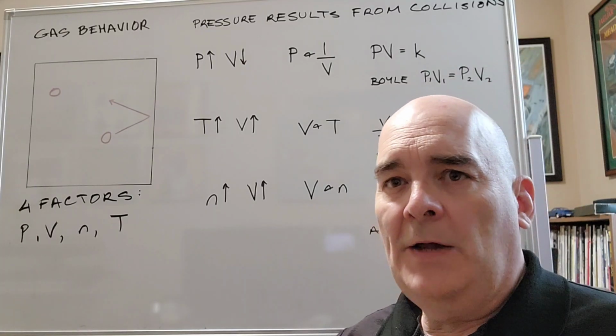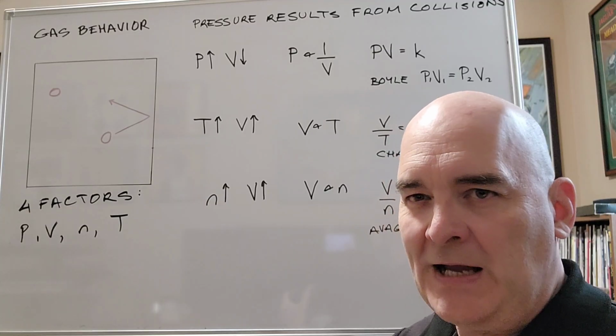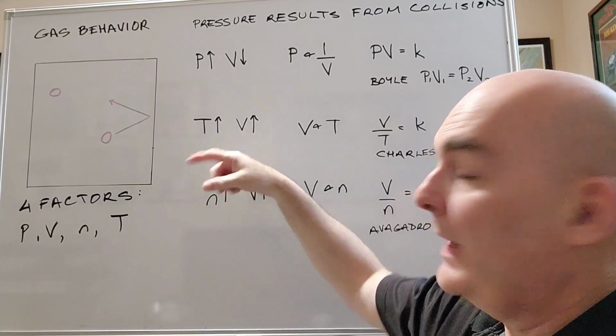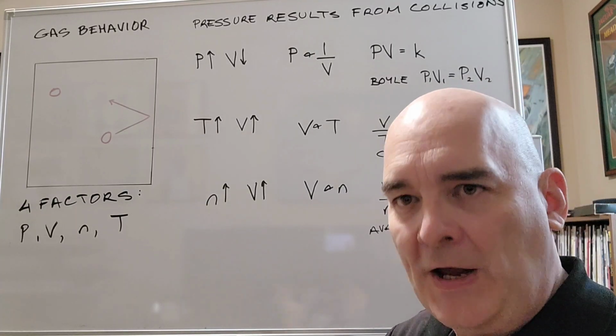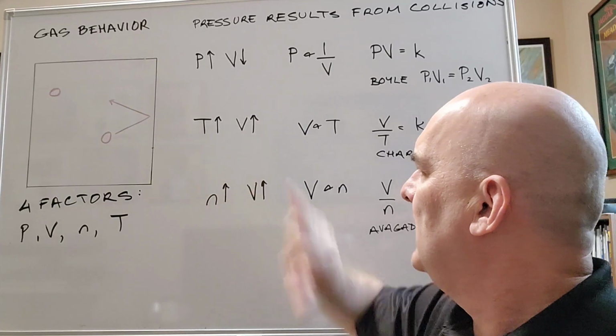There are a couple of other relationships that are so common and so well studied that they have become known as gas laws. Increasing the temperature makes the particles move faster. They have more kinetic energy. That increases the volume.